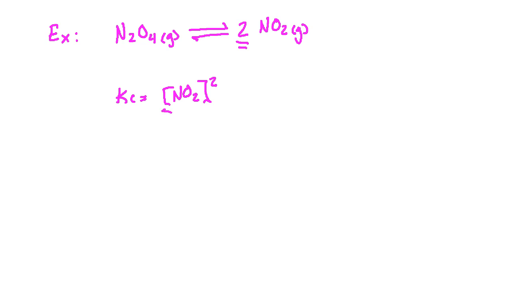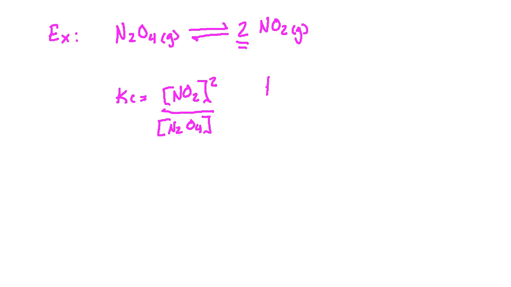And then this would go over the N2O4, and that is just by itself there as far as coefficients, so there's an implied 1. So I don't need to do anything to that exponentially speaking. So if I knew what the concentrations were at equilibrium, then I could calculate the equilibrium constant, and vice versa. If I knew the constant, then I could find out what the concentrations of one of these would be. That's where we're eventually going to be headed.